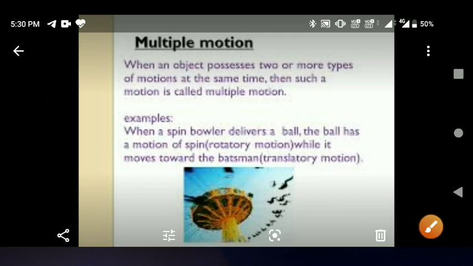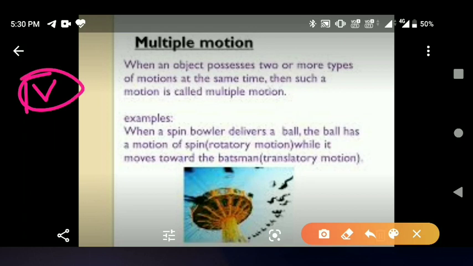And the last and very famous example is the motion of a drill. A drill which is used to make a hole in wood exhibits two types of motion at the same time, rotary as well as translatory.